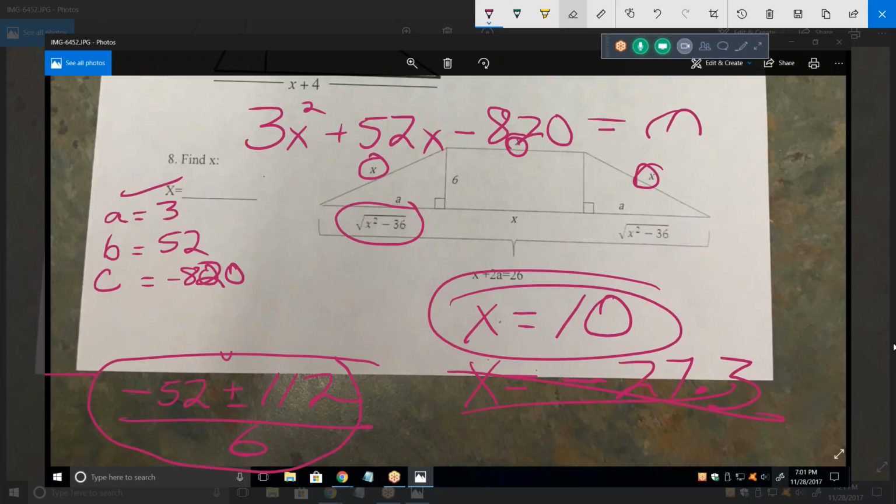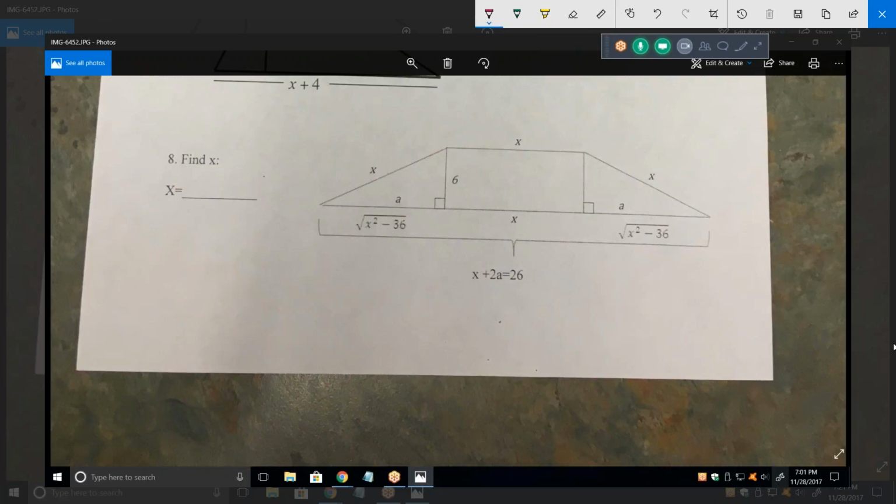Now, might be worth checking it, especially if this is the only one we're doing tonight. If that's 10, and that's 10, and that's 10, and that's 10, well, what is this? 100 minus 36, that's 64. Square root of 64, that's 8.